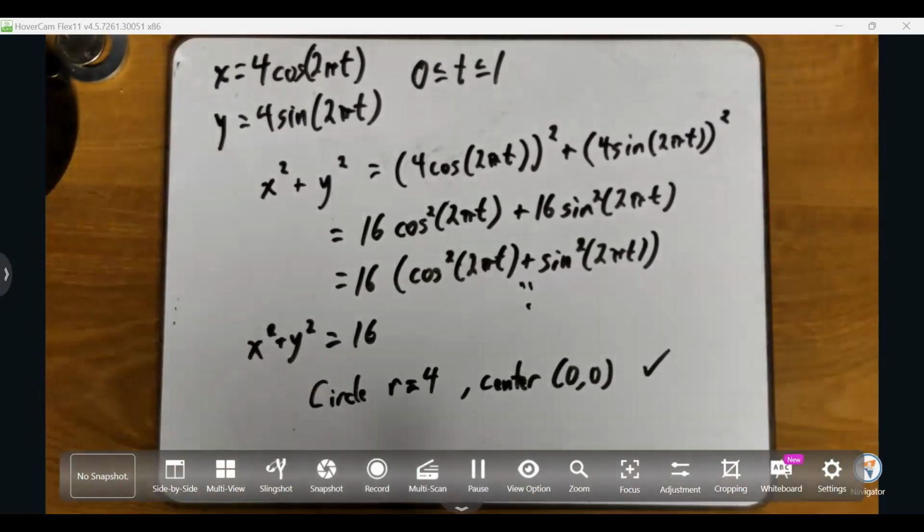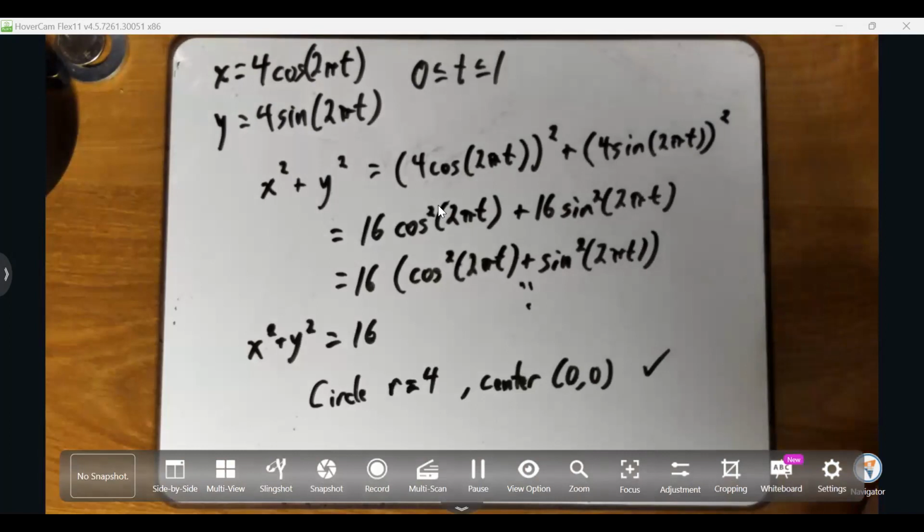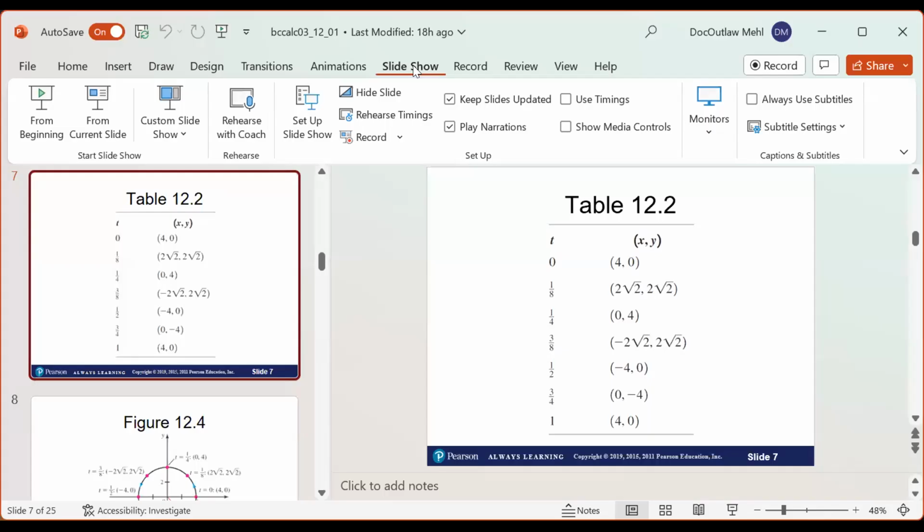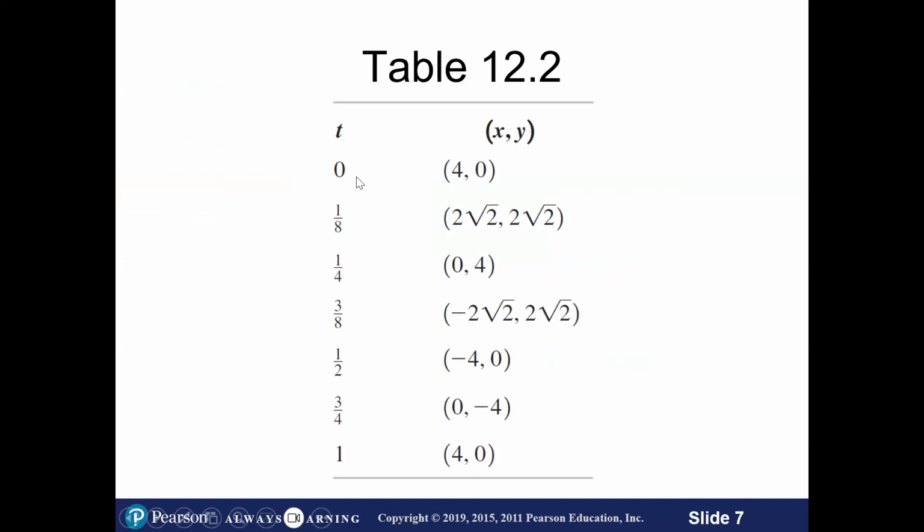Okay. We can confirm this by using our parametric equations there to generate some points and trace out what those would be. And so if I do that, t ranges from 0 to 1. So I start with t equals 0, I get the point 4, 0. As I increase t to 1/8, I get 2 root 2, 2 root 2, and 0, 4 when t is 1/4, and so on until I end up back with 4, 0.